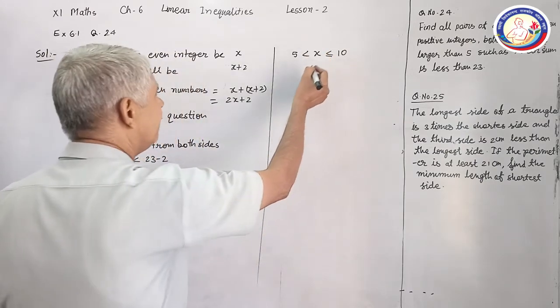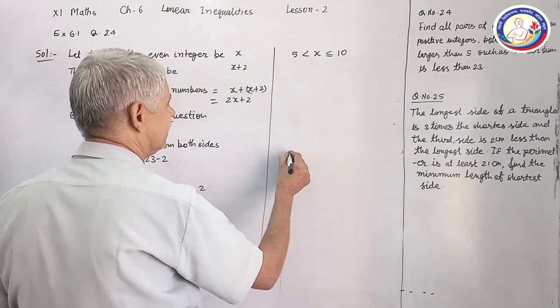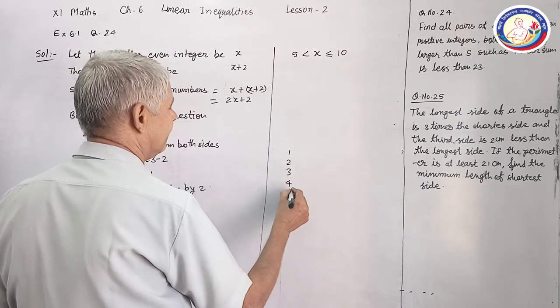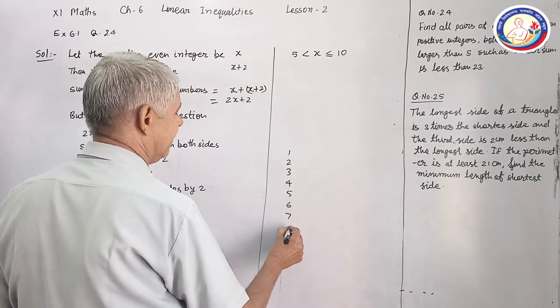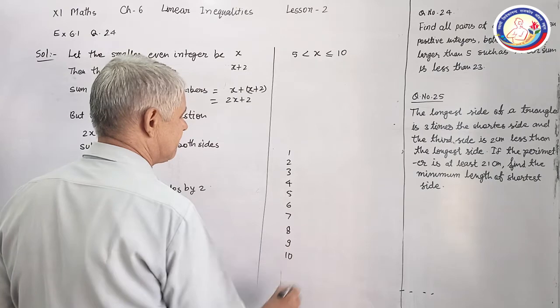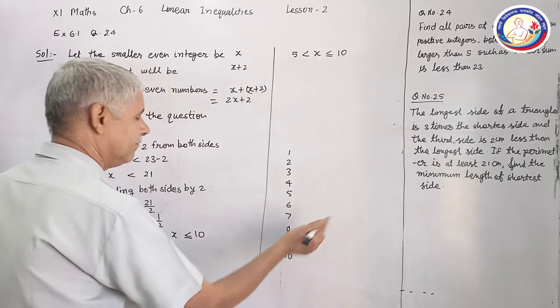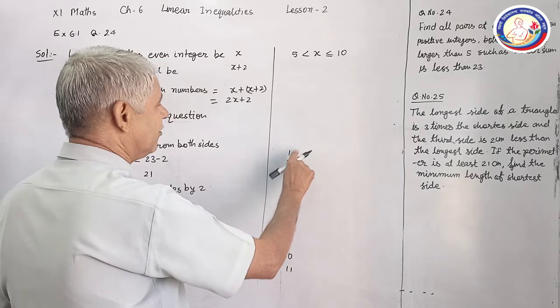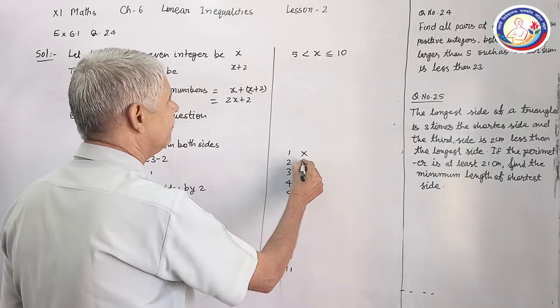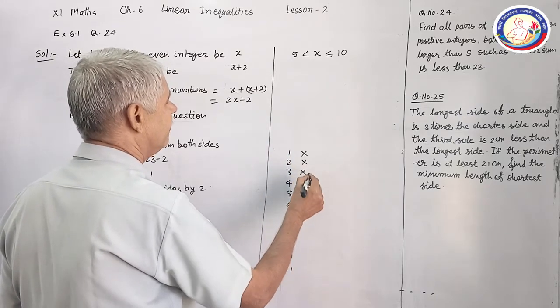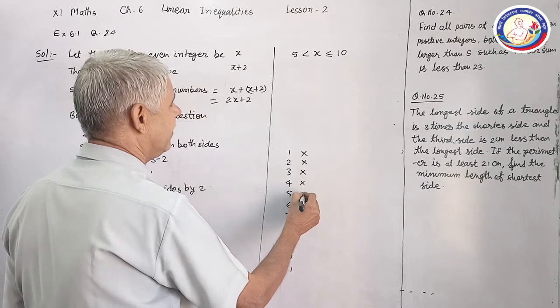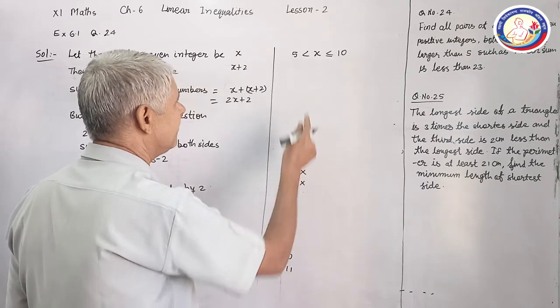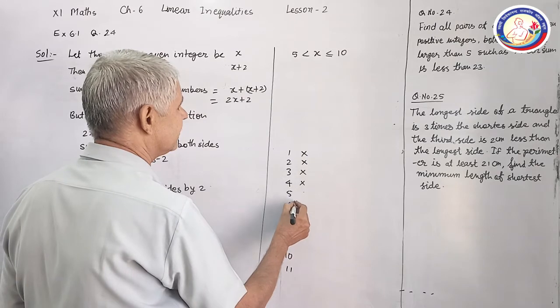Now, what will be the value of x? I am writing here 1, 2, 3, 4, 5, 6, 7, 8, 9, 10 and 11. Does 1 satisfy both conditions? No. 2? No. 3? No. 4? No. 5? Yes, but we want only even integers.